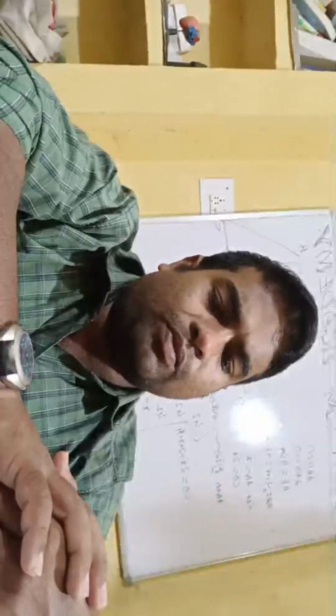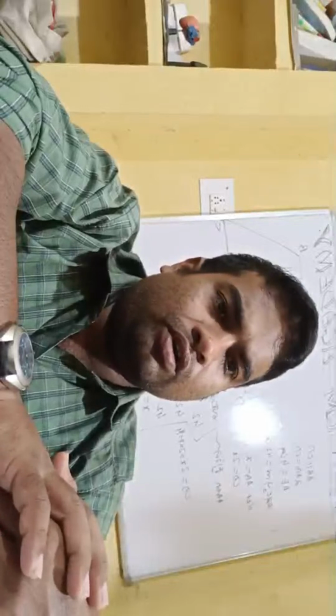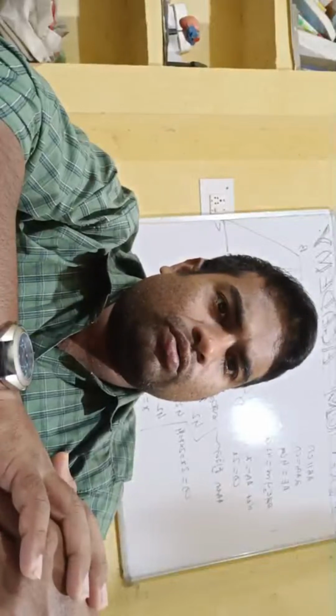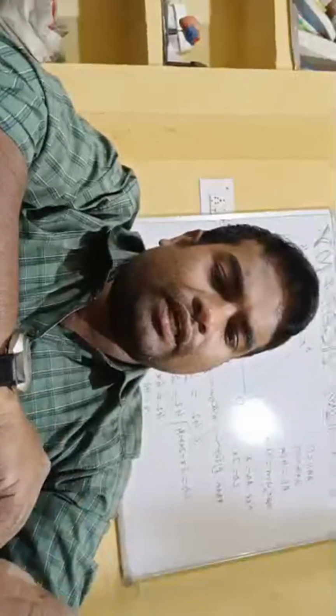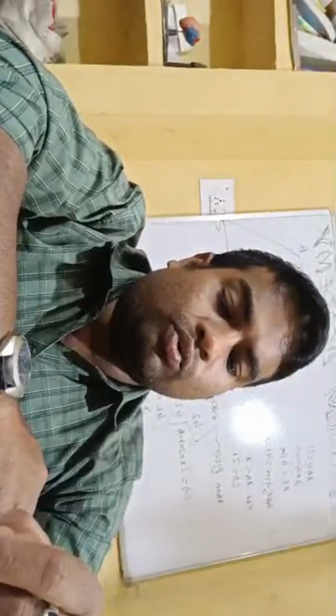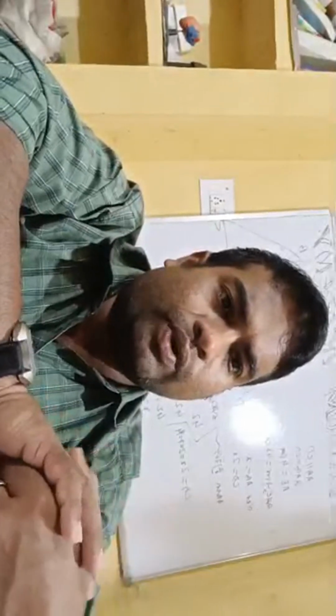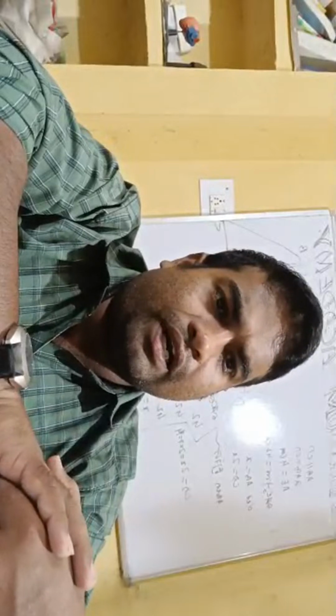The atomic mass of carbon is 12. CO2, 2 atoms of oxygen. The mass of oxygen is 2 into 16, 32. 12 is to 32, which is 3 is to 8. Somyasri, you are right. Sanu also right.